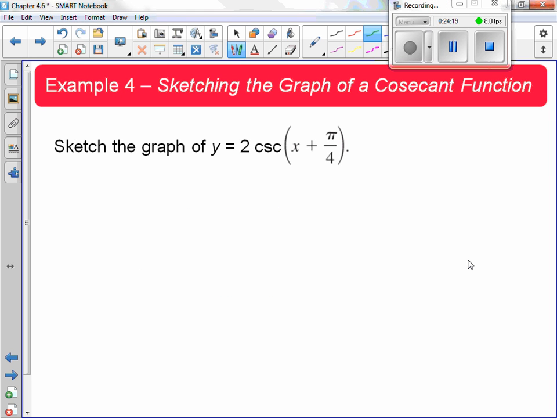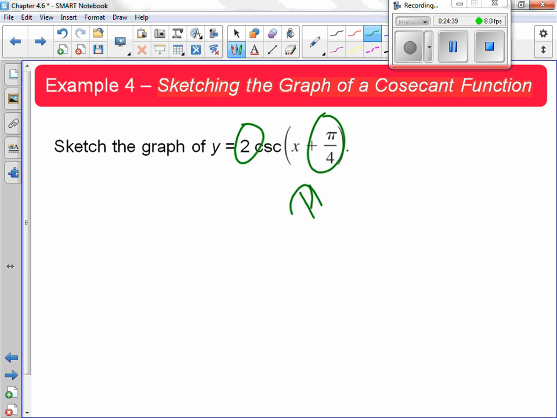And if we looked at this here, we would know that the amplitude would be 2. Now there's a shift, what I've been calling horizontal shift, horizontal translation, but that's not the correct verbiage. It just dawned on me.